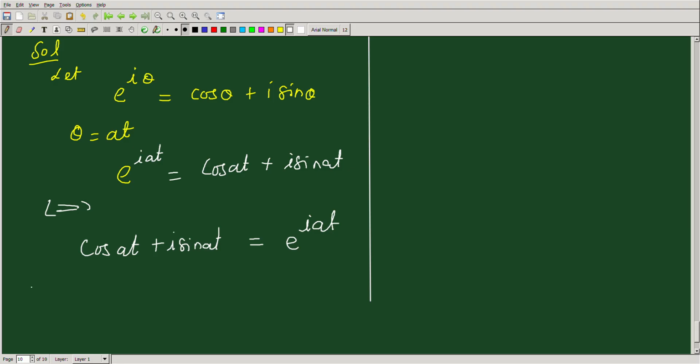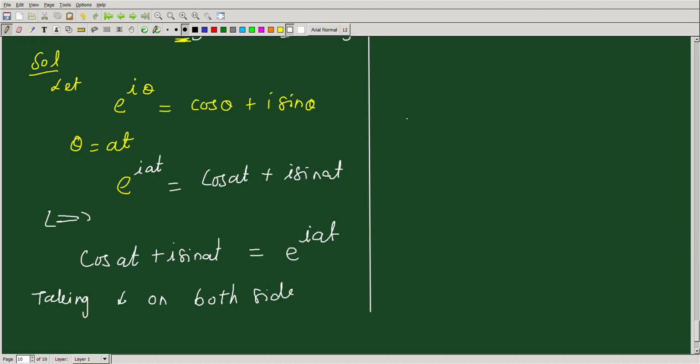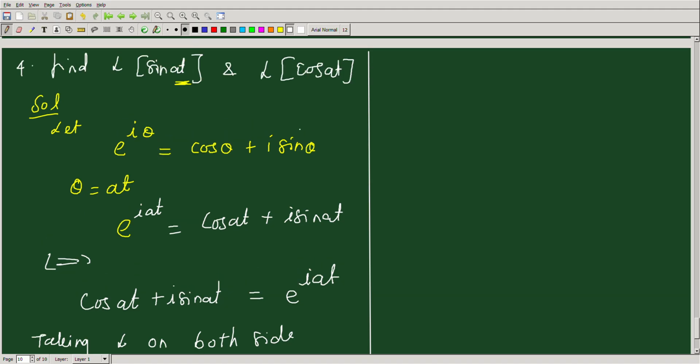Instead, taking Laplace on both sides, once you take Laplace on both sides, what will you get? Laplace transform of cos at plus i sin at is equal to Laplace transform of e power i at.